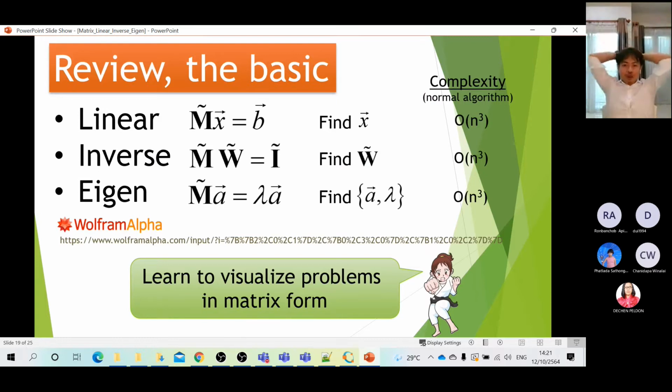Okay. Before you go on, I have a quiz just to check if you understand the concept of complexities here.